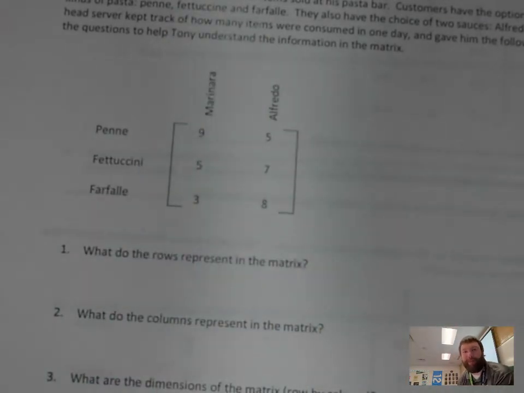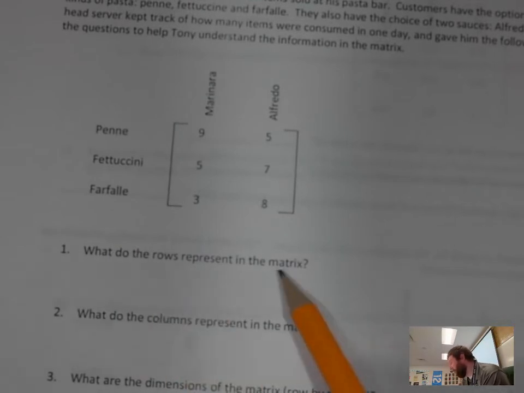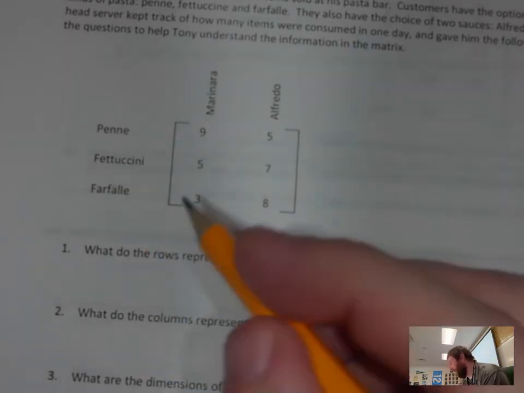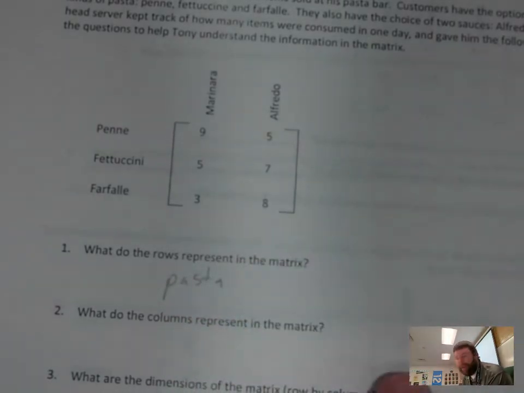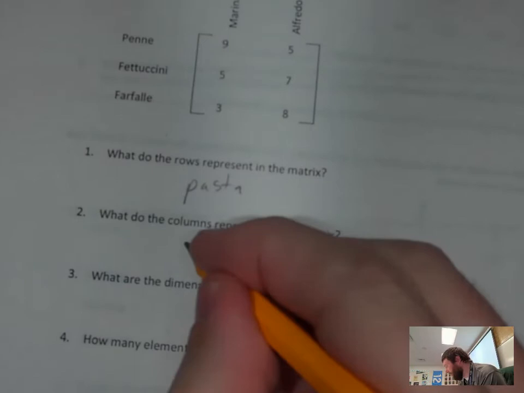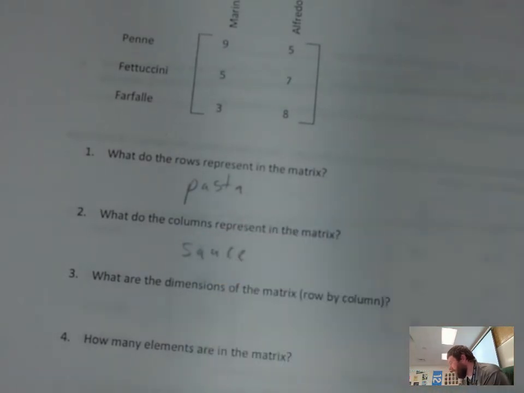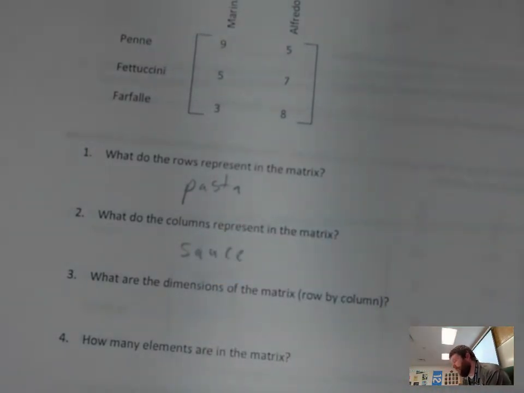Okay, this should be a pretty straightforward assignment, but the idea here is, what do the rows represent in the matrix? Well, the rows are the types of pasta. What do the columns represent? Well, the columns represent the different sauces, right? Okay, what are the dimensions of the matrix? And it even says row by column. So basically it wants to know how many rows and how many columns.